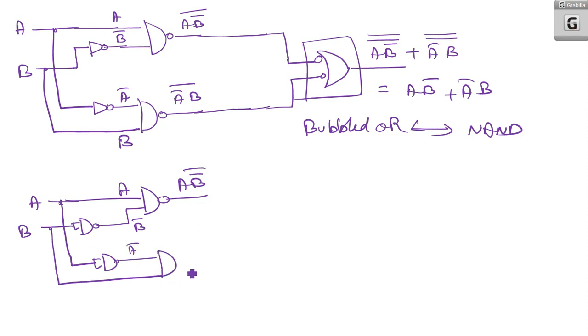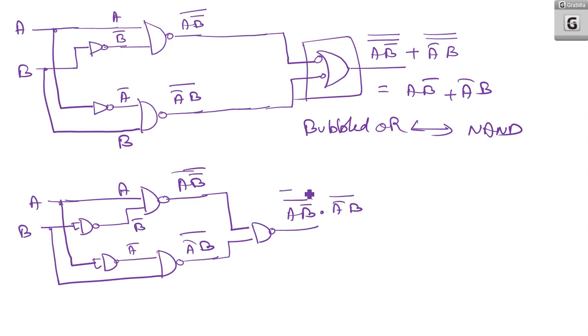So this is A bar B the whole bar. Again, if I am NANDing it, what do we get? So here what we get is A B bar the whole bar dot A bar B the whole bar.